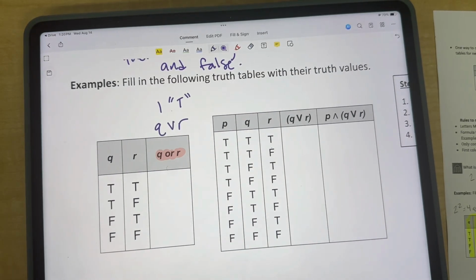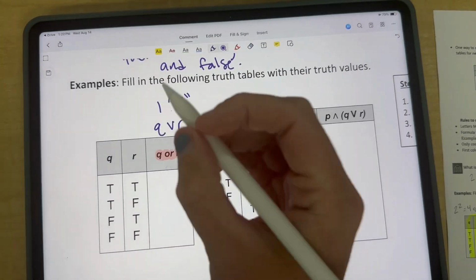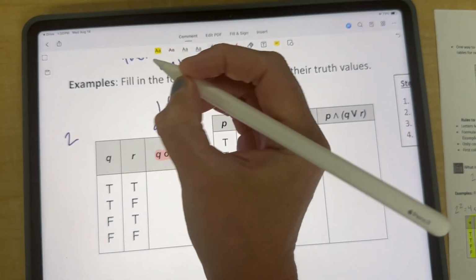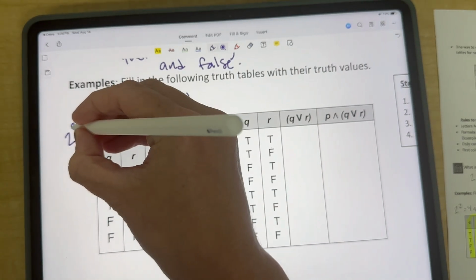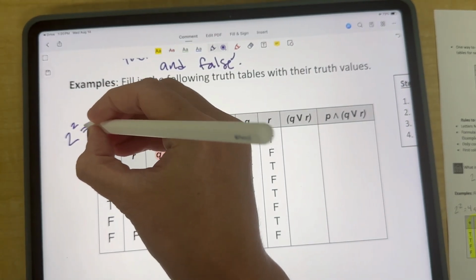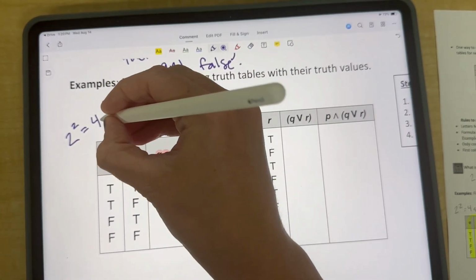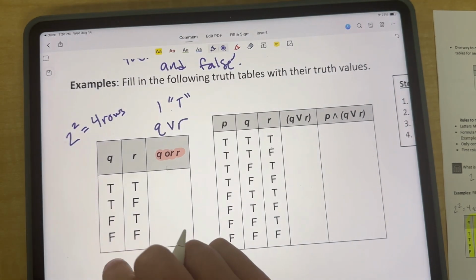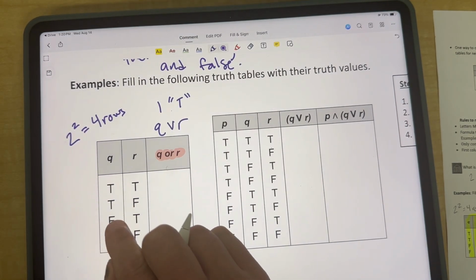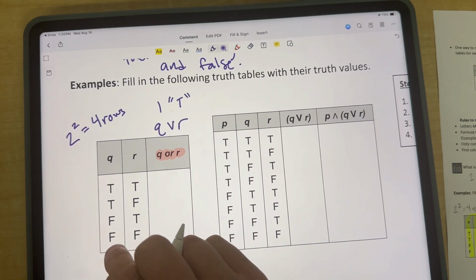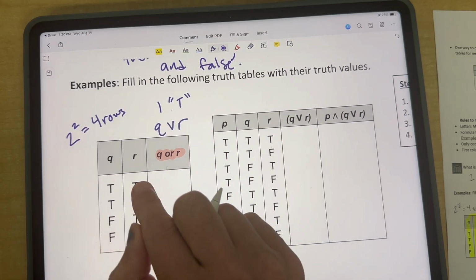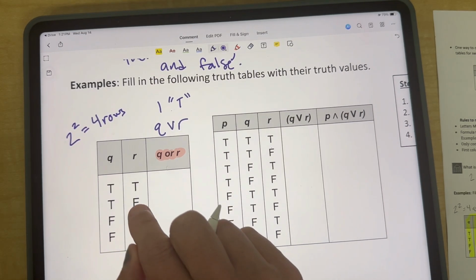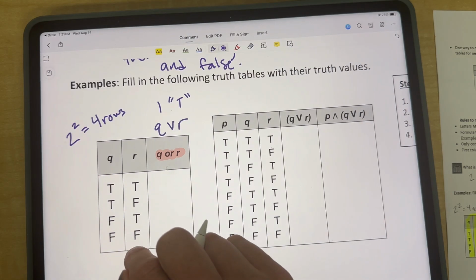I raised 2 to the number of letters, because we have 2 letters, so I need 4 rows. I created 4 rows, 1, 2, 3, 4. The top half I made T, the bottom half I made F. Then 2 divided by 2 is 1, so the next column goes T, F, T, F.